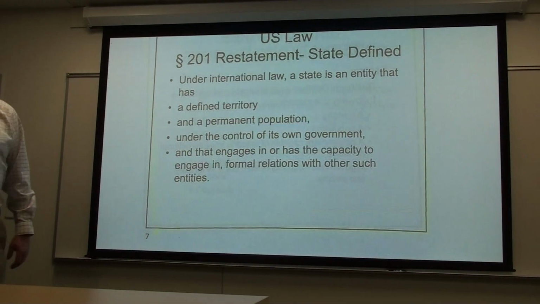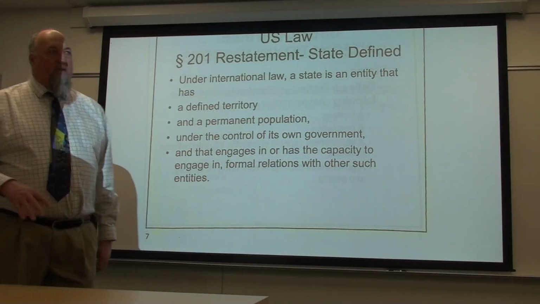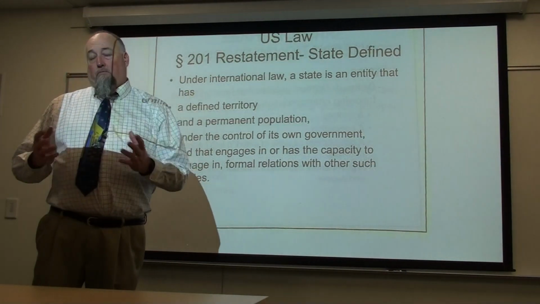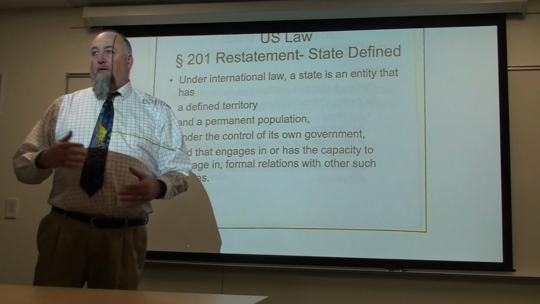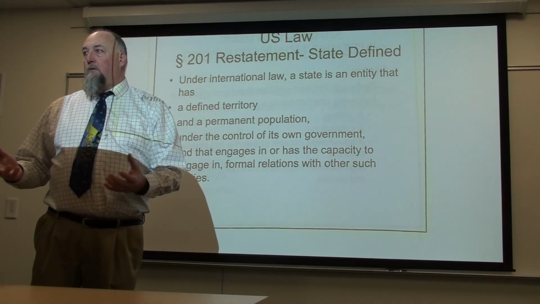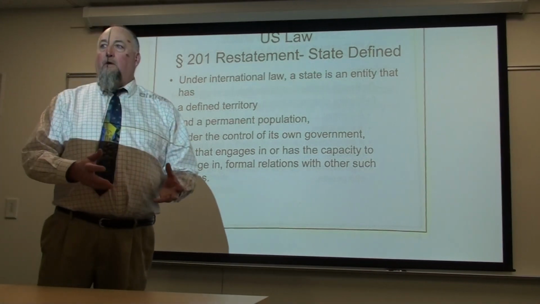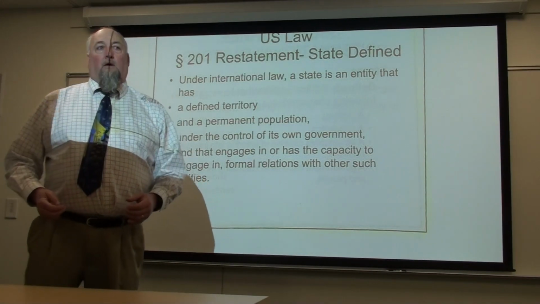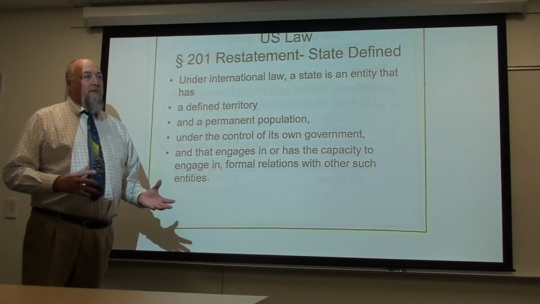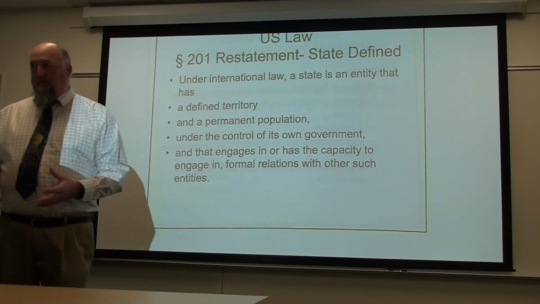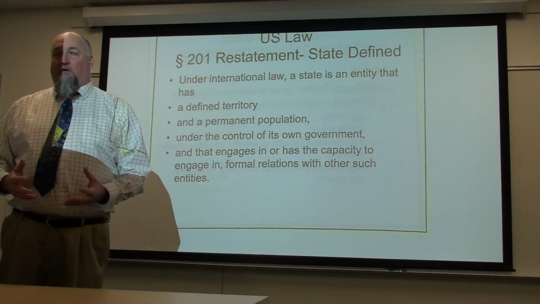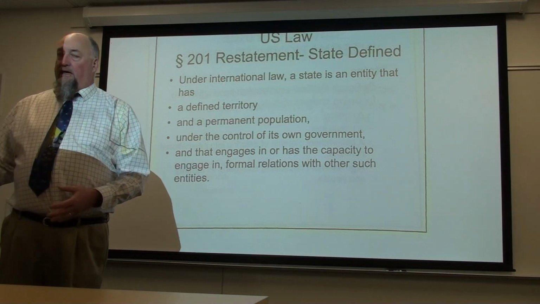Now, why does that matter domestically? Well, contract law, for example. If I'm entering into a contract, maybe I'm Boeing, and I'm going to enter into a contract with another country or a territory to sell them aircraft. One of the issues that comes up, if you're a state, is that you also have what's called sovereign immunity. And we'll get to that in a few minutes.